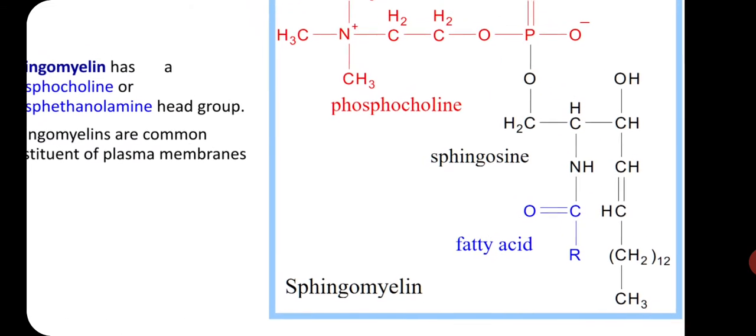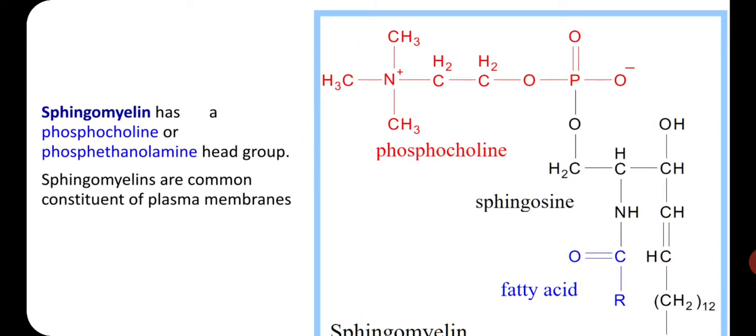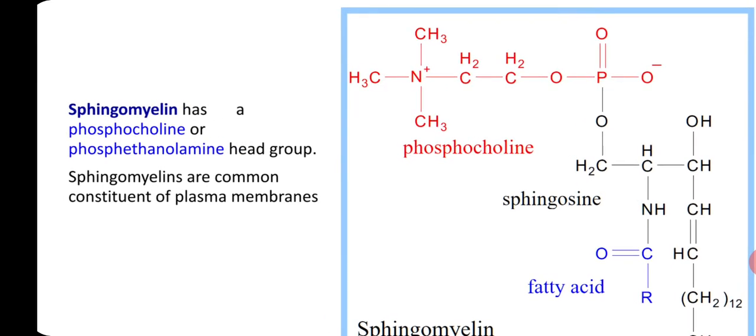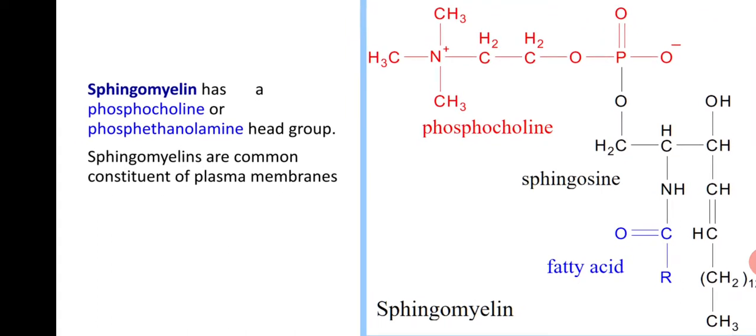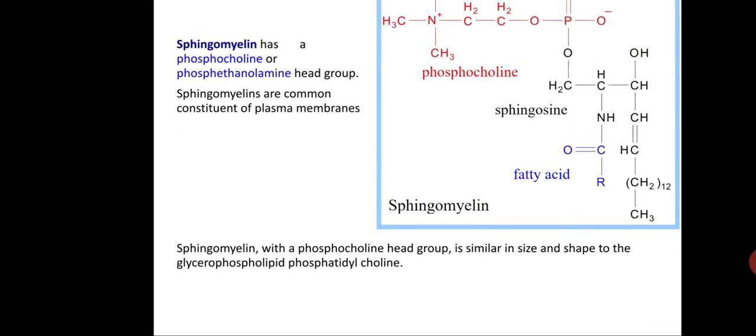Now, in position number 1, you have replaced H in CH2OH. So H is being replaced by phosphatidylcholine. If you remember choline, this is the same choline which you studied earlier, phosphatidylcholine or phosphatidylethanolamine. So either it is replaced by choline or ethanolamine. They are also constituents of the plasma membrane.